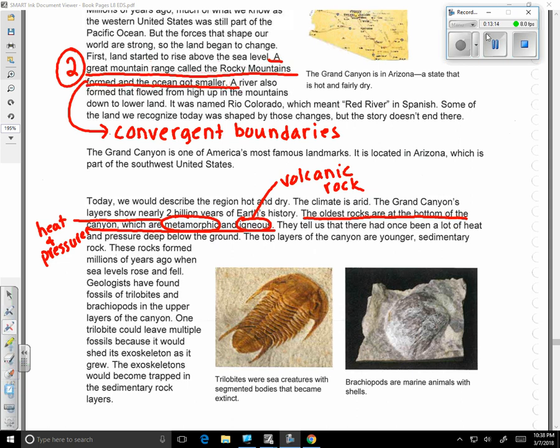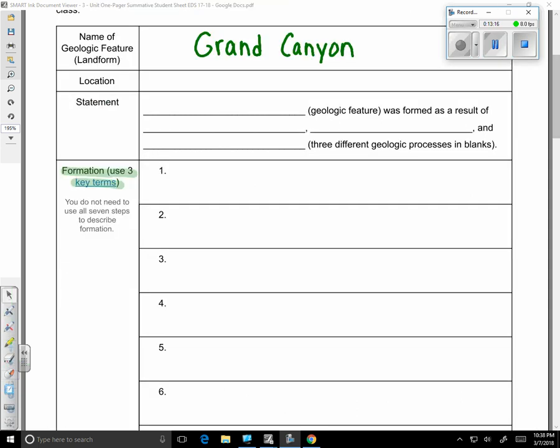So in a complete sentence, right here in step 2, you need to write in complete sentences in your own words what happened in the second step of how the Grand Canyon was made. And remember, this area was underwater.